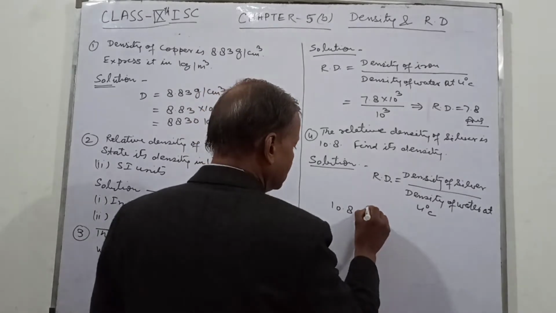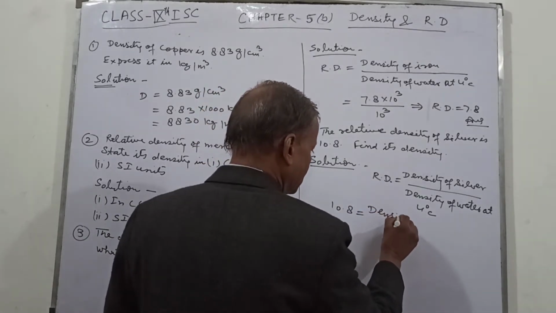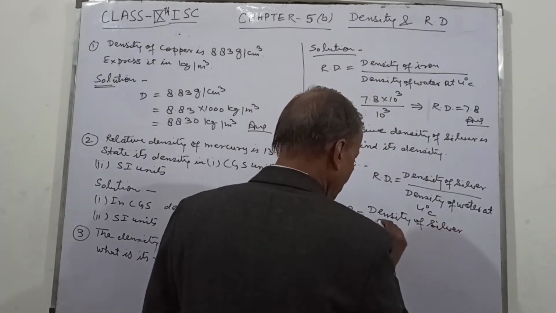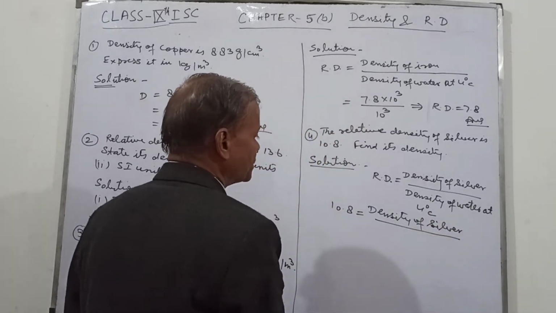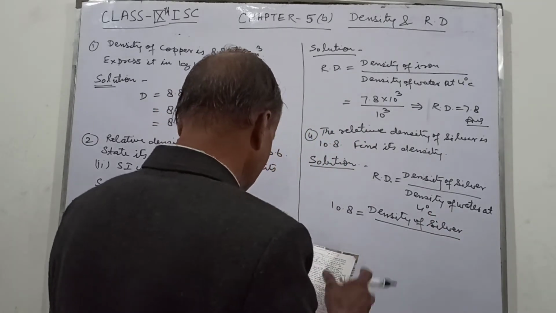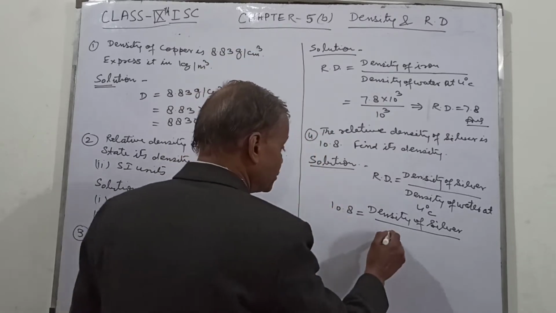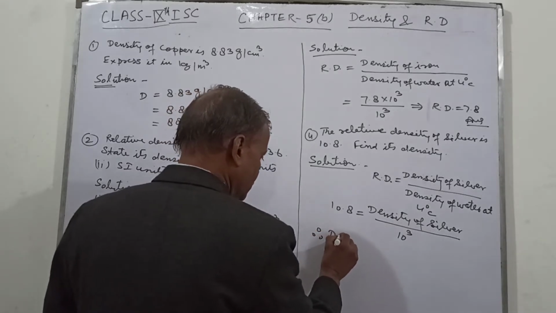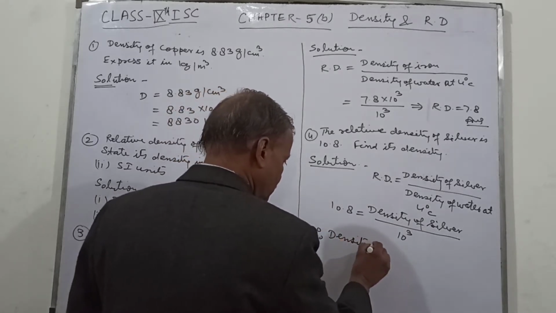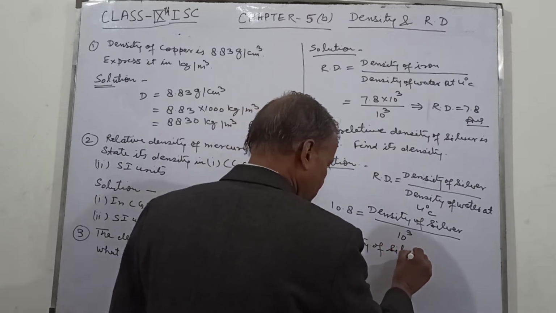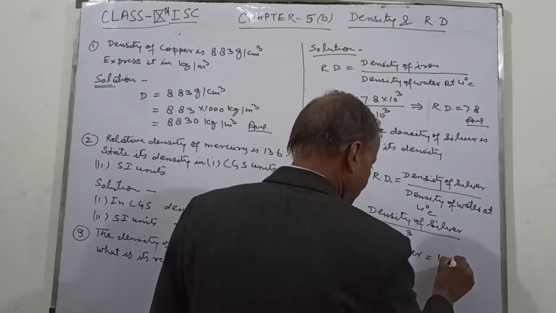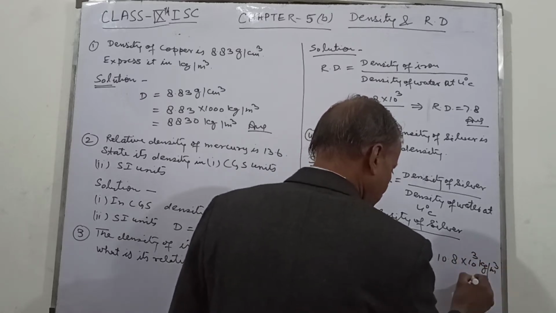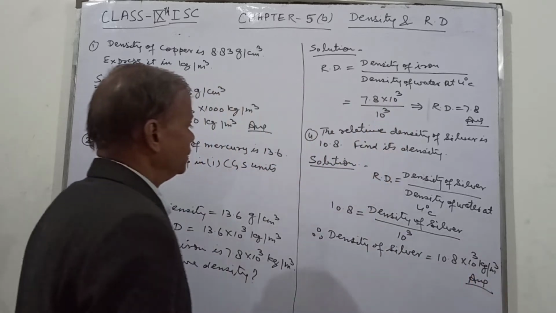This is equal to the density of silver upon the density of water. If it is given in SI units, then you can write it as 10 raised to the power 3. Therefore the density of silver is equal to 10.8 into 10 raised to the power 3 kilogram per meter cube. This is the answer. This is the 4th question.